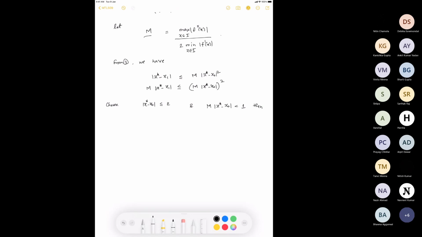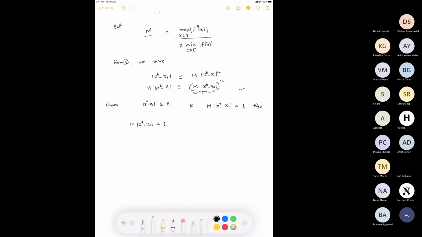So then from this relation, I can say that m times x star minus x1 is also strictly less than 1. Is that okay? Because this quantity is strictly less than 1, right? So its square is also going to be strictly less than 1. So m times x star minus x1 is strictly less than 1.